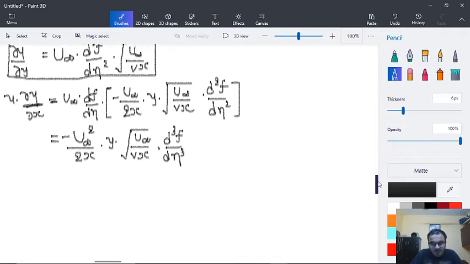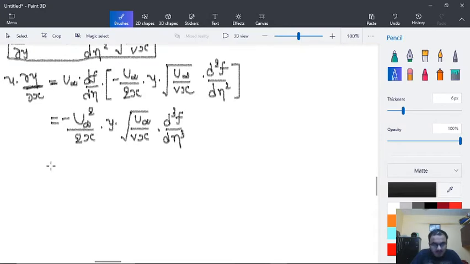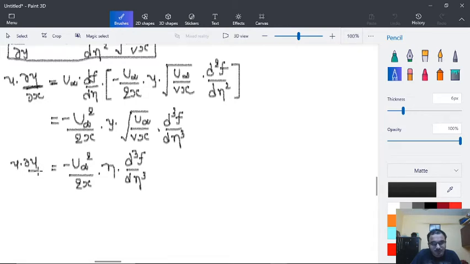So finally what we are getting over here is equal to minus u infinity square over 2x into eta into d3f over d eta cube. So this is the value of u into del u over del x.